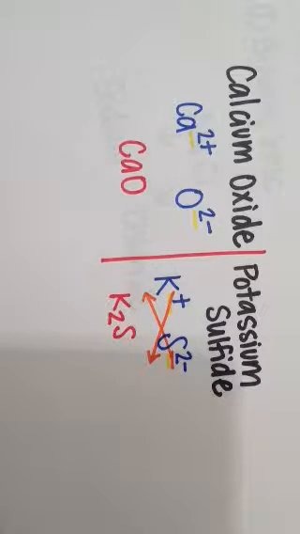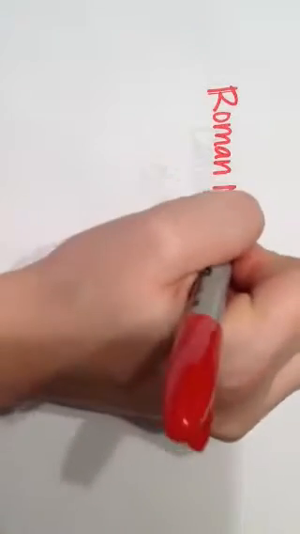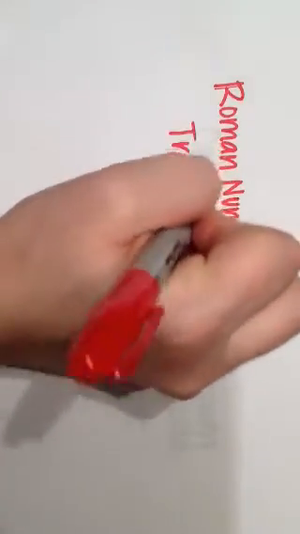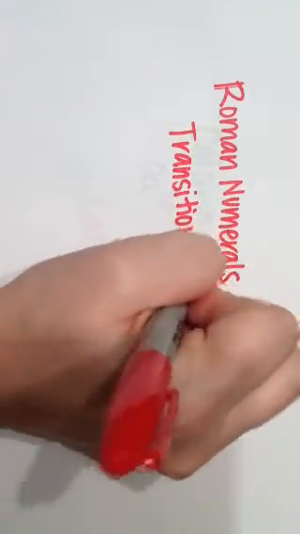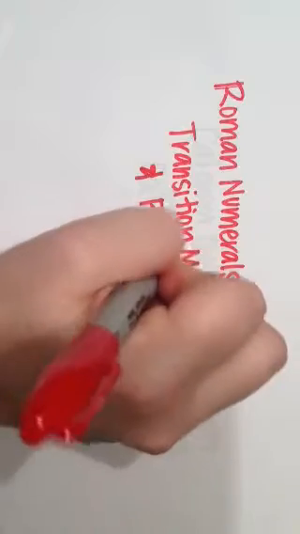Now, a lot of you sent me questions about the Roman numeral ones. Alright, so first of all, we need to understand that our Roman numerals take place with our transition metals and lead and tin.